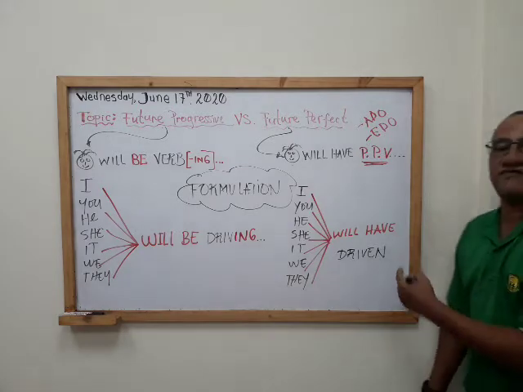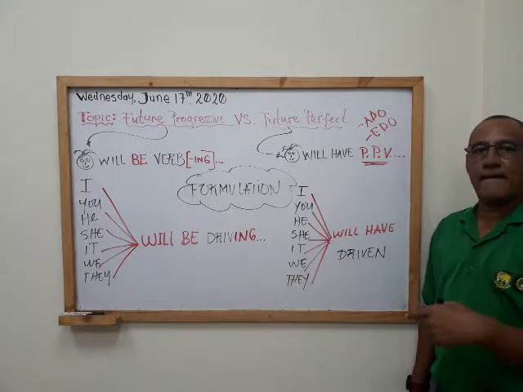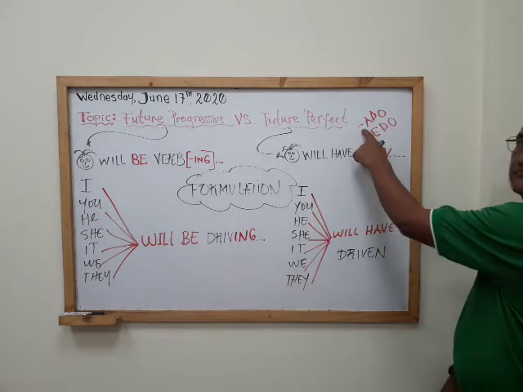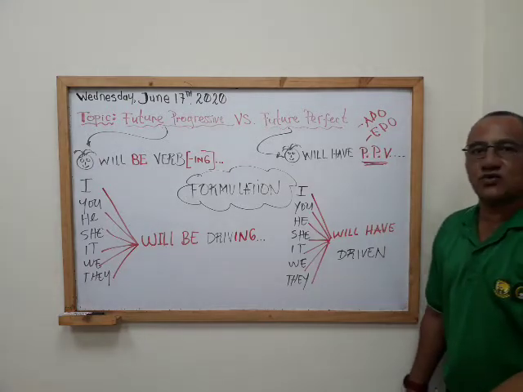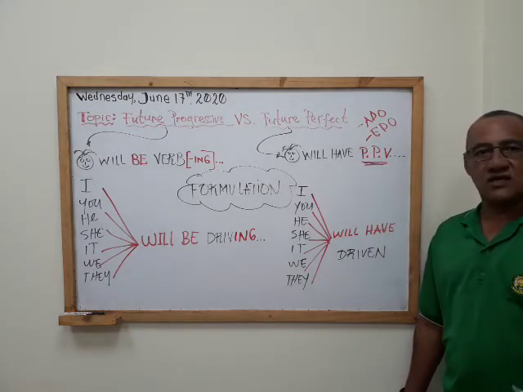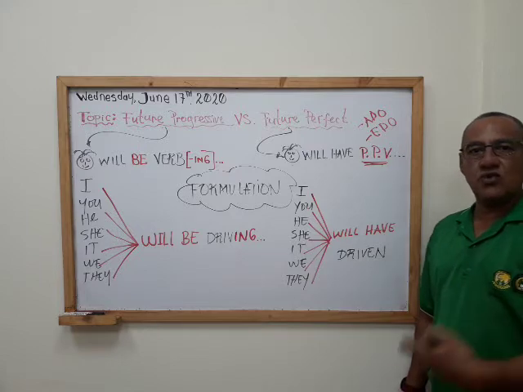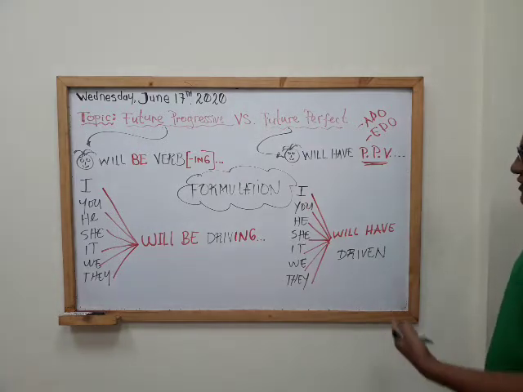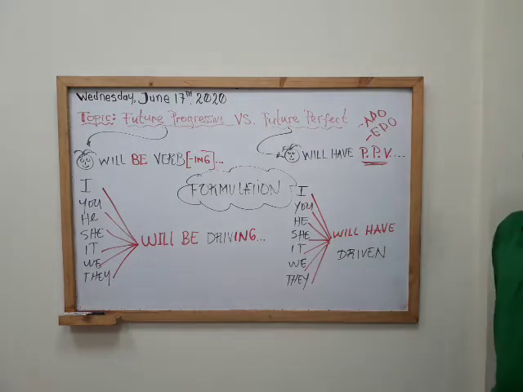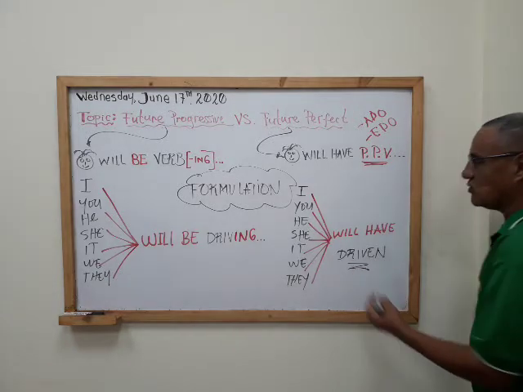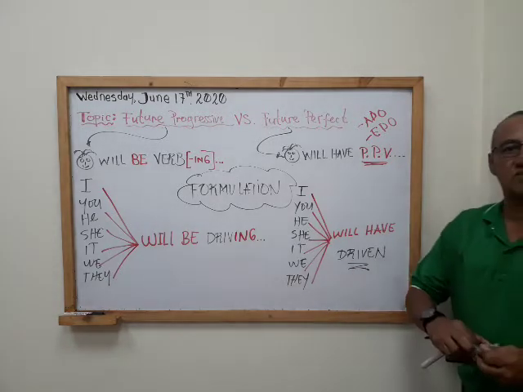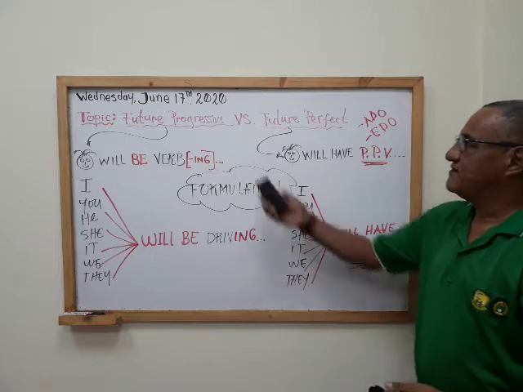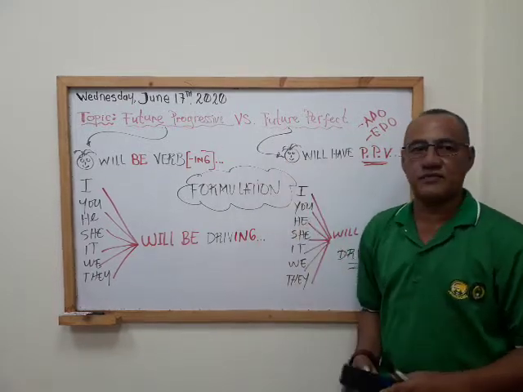I will have driven. Yo habré manejado. You will have driven. She will have driven. We will have driven. They will have driven. That is the way we construct the future progressive and the future perfect.